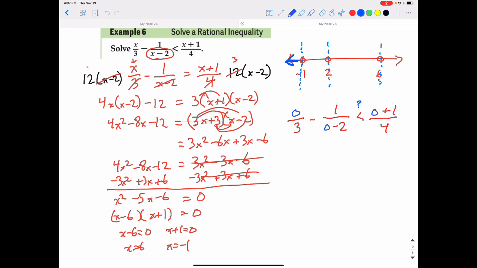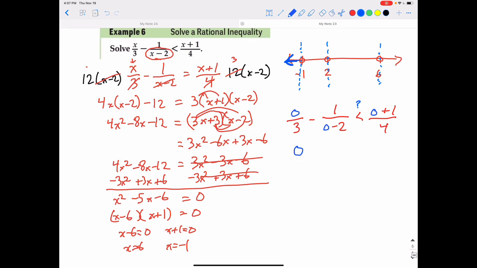So 0/3 is 0, minus, so this would be 1 over -2. 1 over -2 is -1/2, which means it would actually be plus 1/2. Is that less than 1/4? Well, 0 plus 1/2 is 1/2, and 1/2 is not less than 1/4, so that's a big no. So that means I would not shade between -1 and 2.